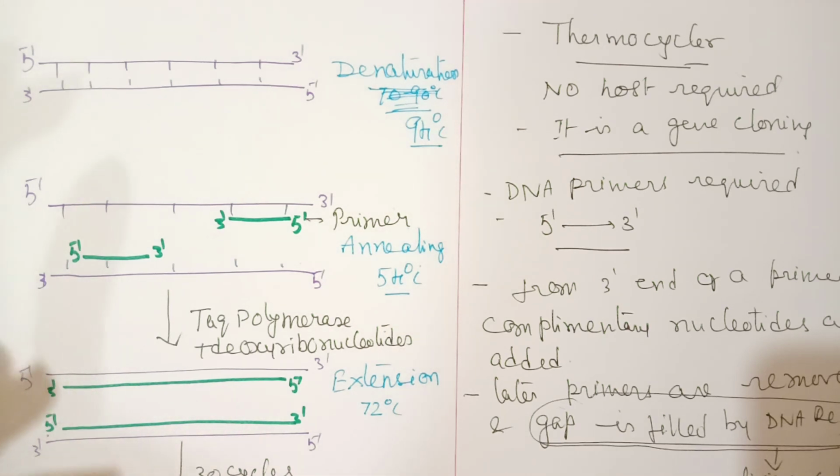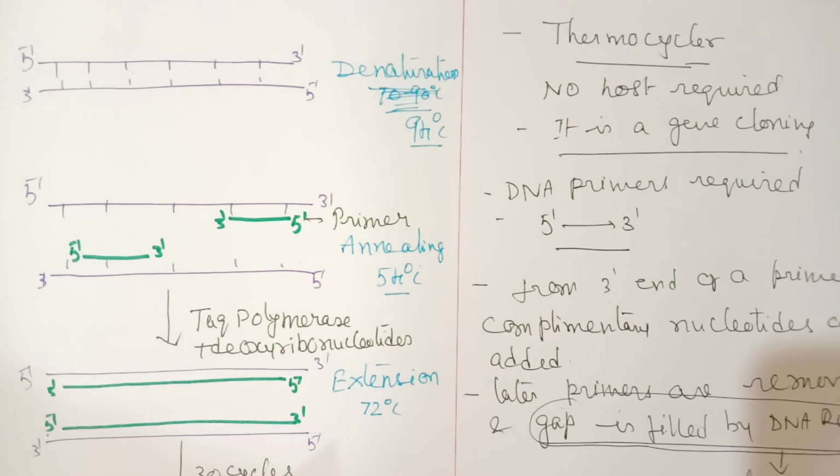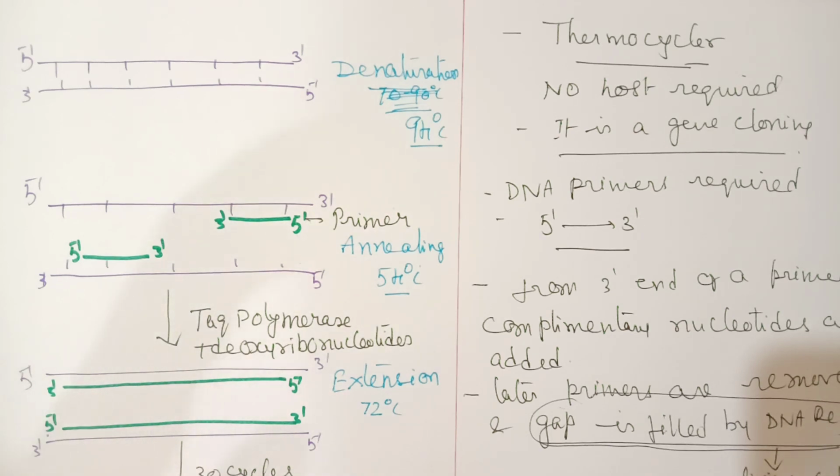So we just discussed that recombinant vector is obtained by joining the desirable DNA with the vector DNA by using the enzyme ligase. So once the recombinant vector is obtained, that recombinant vector must be introduced into a host cell. So that method we are just going to discuss in next video.